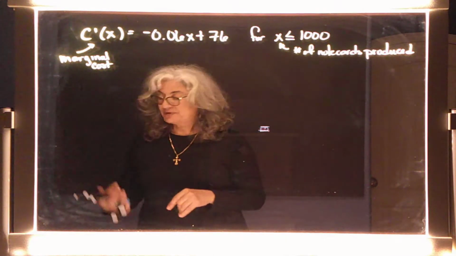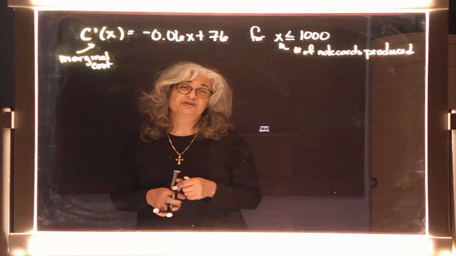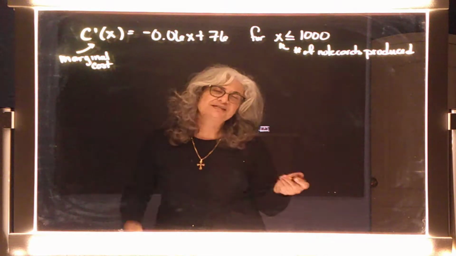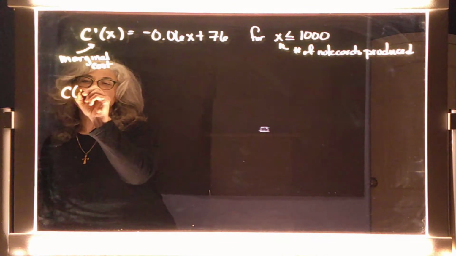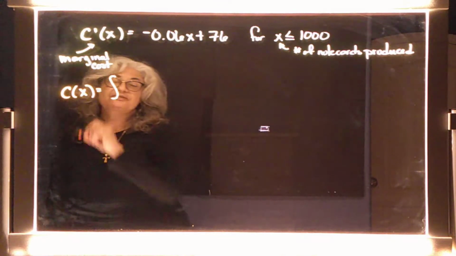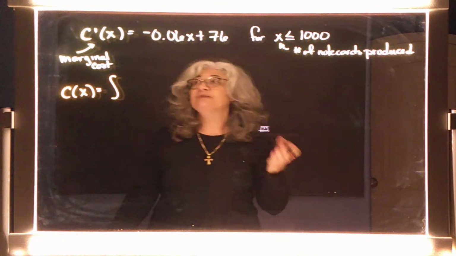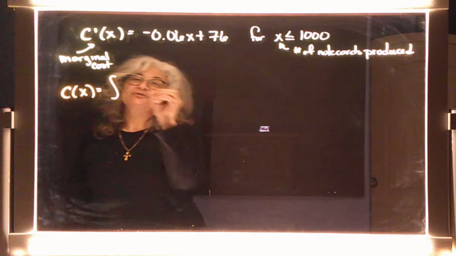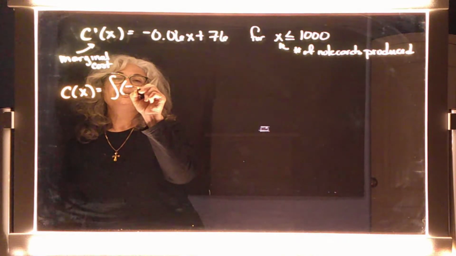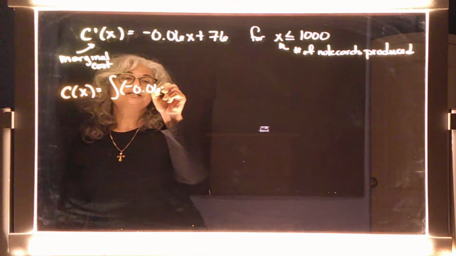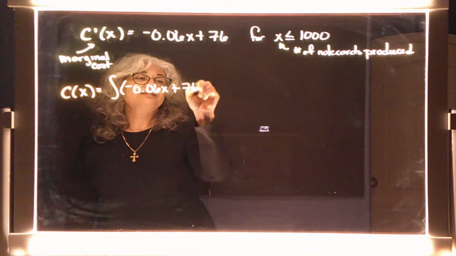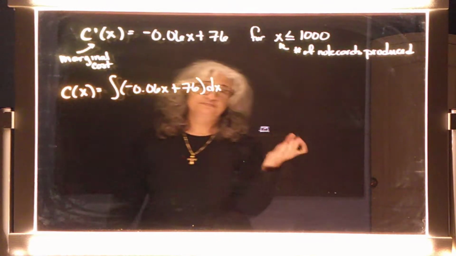Fine, no problem. So what do you think you're going to have to do? You're going to have to take the antiderivative to find the actual cost. So I take the antiderivative of the marginal cost, negative 0.06x plus 76 dx.